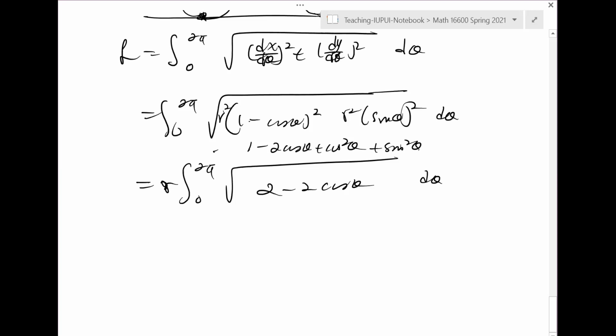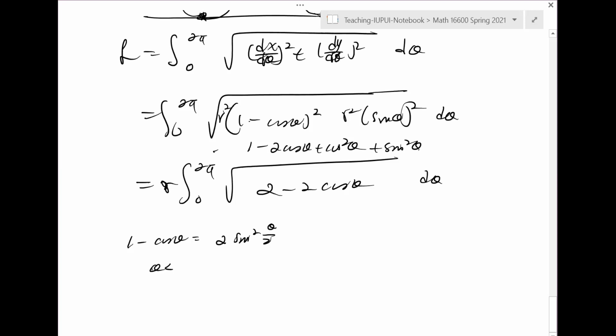To evaluate this integral, you have to get rid of the radical. Now, we know that 1 minus cosine theta is going to be 2 sine squared of half theta. So use that formula.